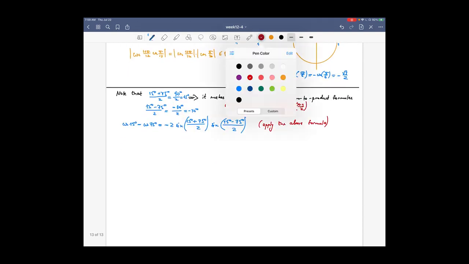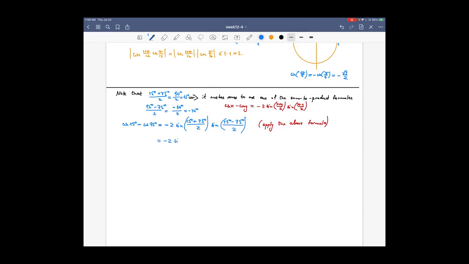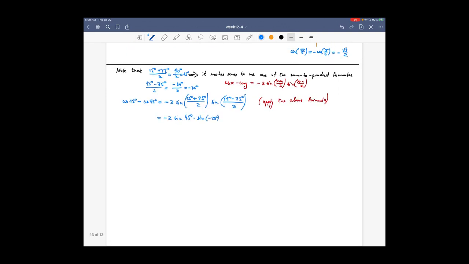Now a little algebra here. We get negative 2 sine of 45 degrees, that's 15 plus 75 over 2, times sine of negative 30 degrees. Well, we can transform this further. Sine of 45 degrees is root 2 over 2.